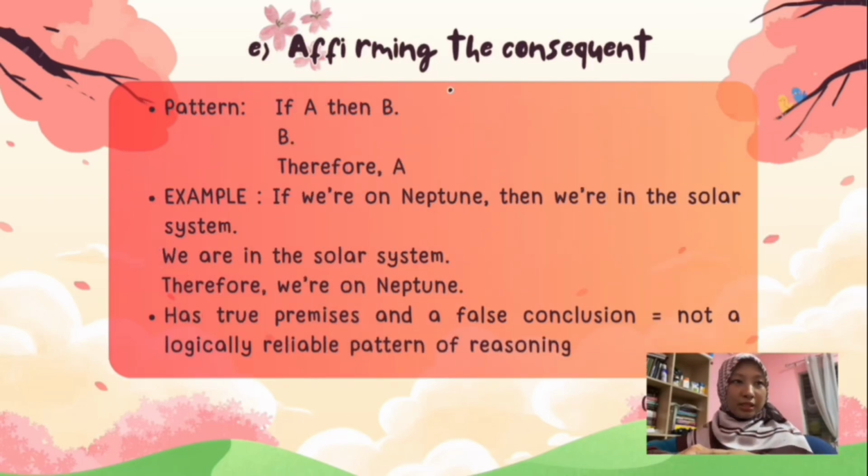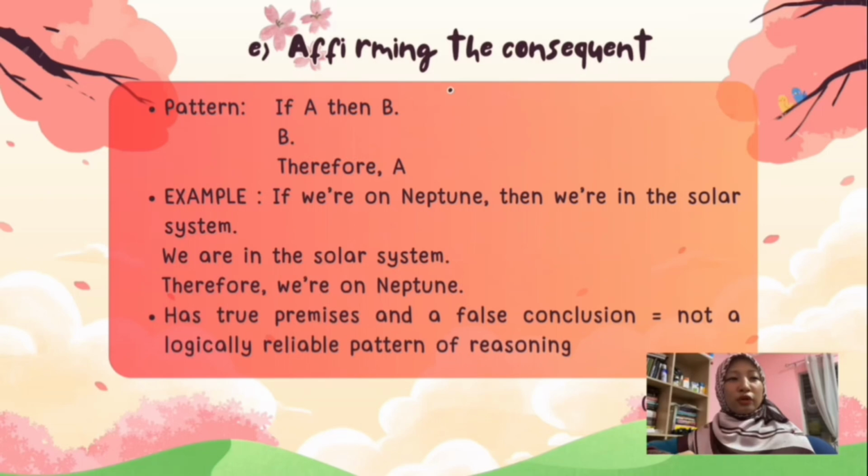Affirming the consequence. The pattern is if A then B, B therefore A. For example, if we are on Neptune, then we are in the solar system. We are in the solar system, therefore we are on Neptune. So it has 2 premises but a false conclusion.